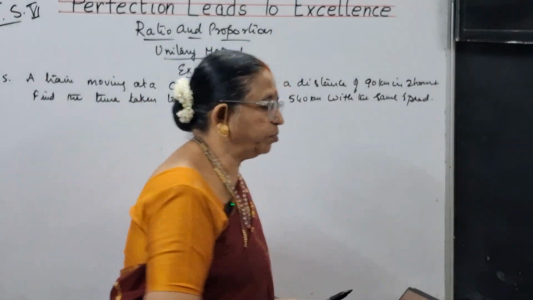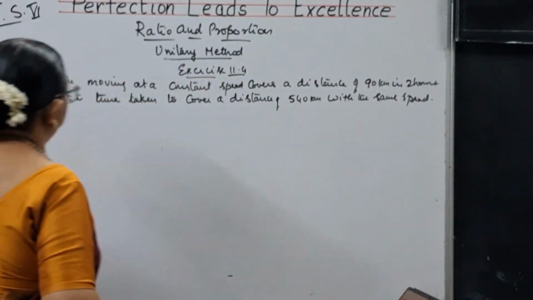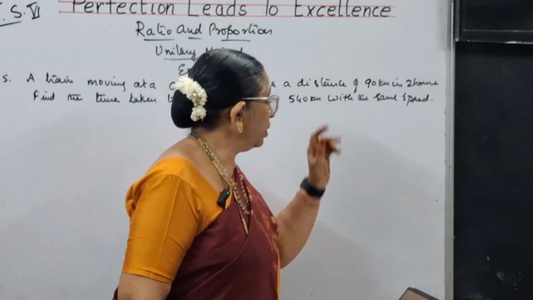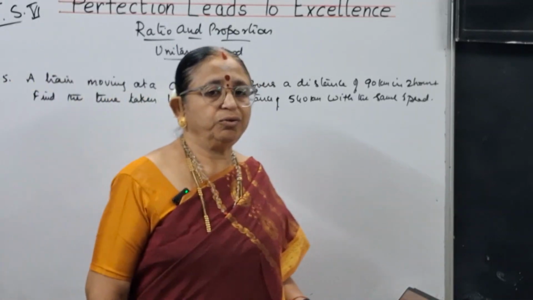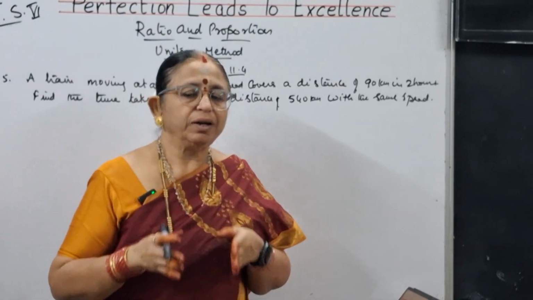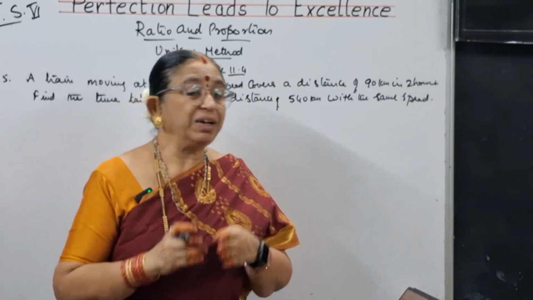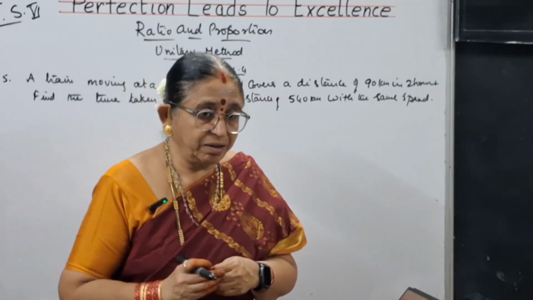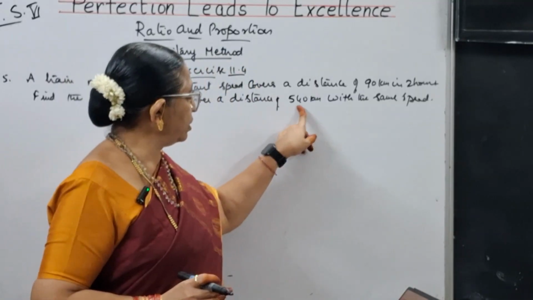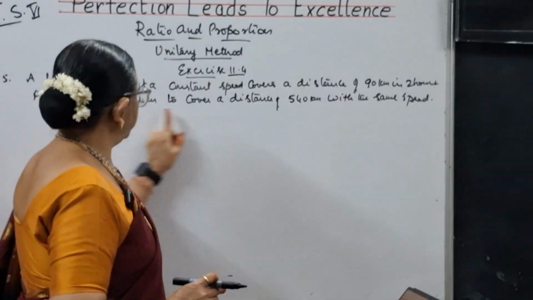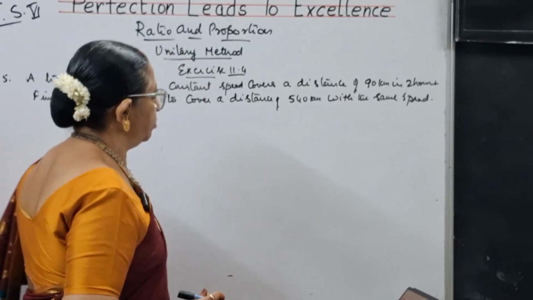Now fifth problem, children. A train moving at a constant speed covers a distance of 90 kilometers in 2 hours. A train is moving with the same speed, constant speed means same speed, and it is covering 90 kilometers in 2 hours. Now the distance that the train has to move is 540 kilometers. So the question is, what is the time taken to cover 540 kilometers?